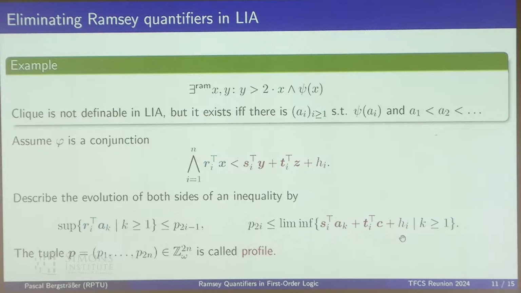Okay, this looks a bit scary, but actually what we do is we guess some values. Those are called profiles. Yeah, we guess some what we want to be the supremum of the left-hand side and some bound on the lim-inf of the right-hand side in some sequence of a's, so a case here. We pick some sequence, then we say, okay, this should fulfill this profile conditions here.